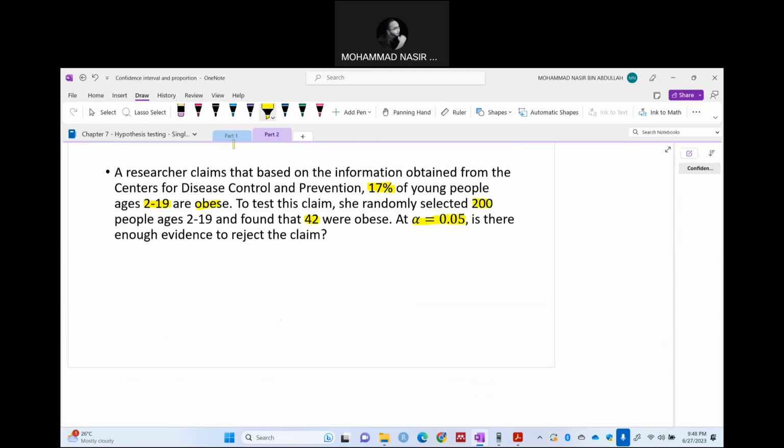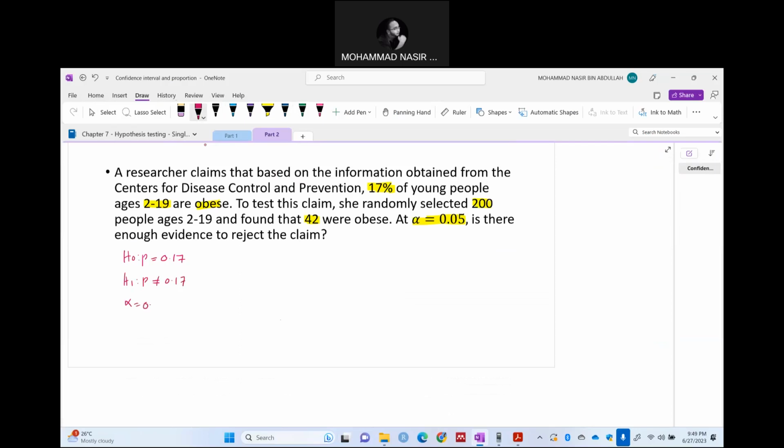At 0.05 level of significance, is there enough evidence to reject the claim? So the null hypothesis is p equal to 0.17, and the alternative hypothesis is p not equal to 0.17.